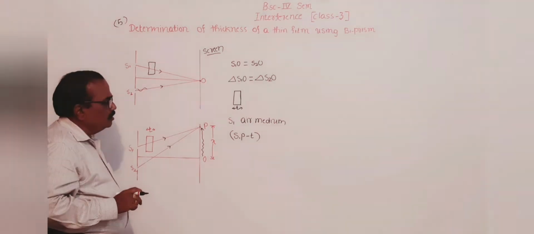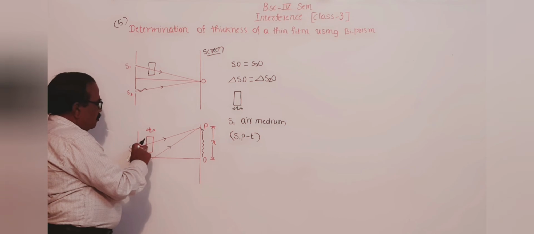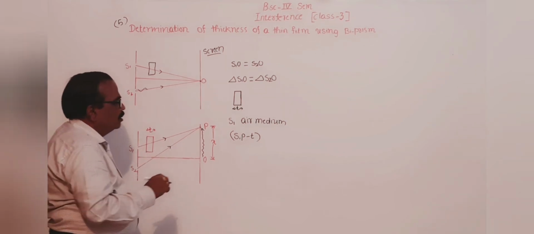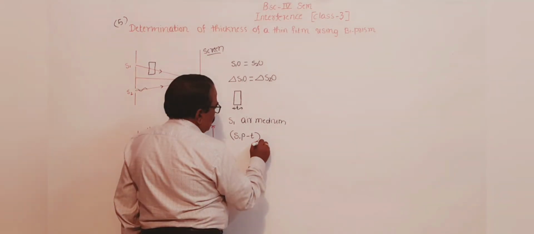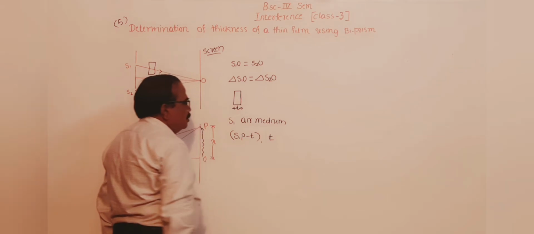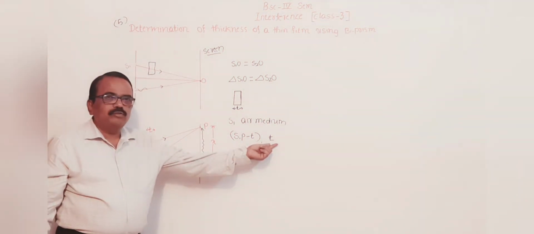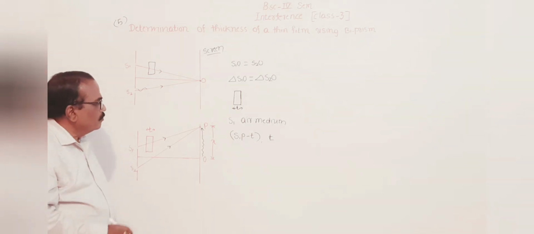And the wave travels through this thin sheet, through the glass medium, a distance T. This is the air medium and this is through the glass plate.